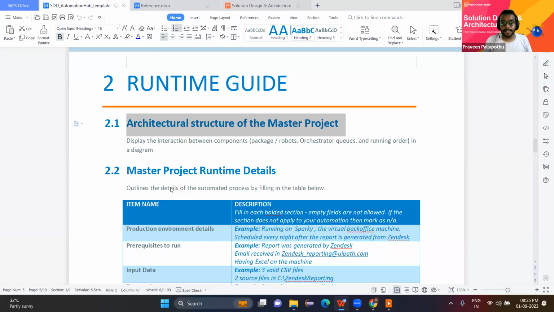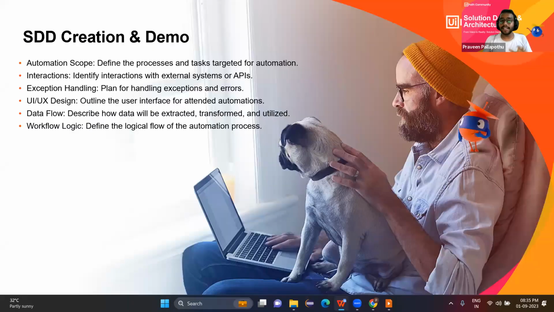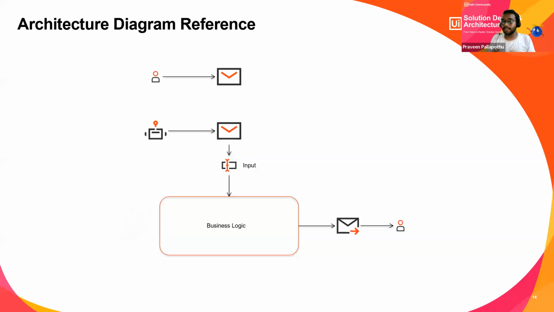And that's where it is very important to understand the architecture diagram for a process, because it will give a clear picture of what is happening and what are the resources used, ideally the systems being used in this process, right? So on this note, I can simply say, okay, there is a user who's triggering an email, and there is a bot which is reading the email and getting the input and doing some business logic and then sending the output in an email.